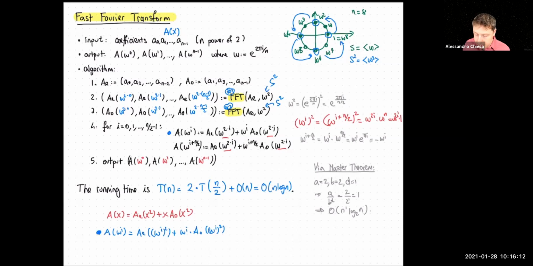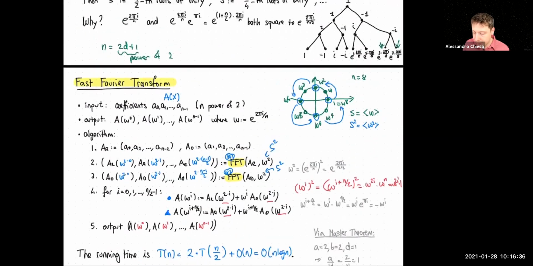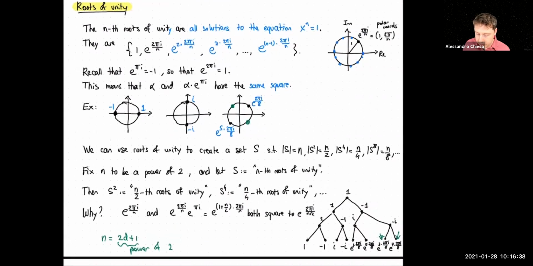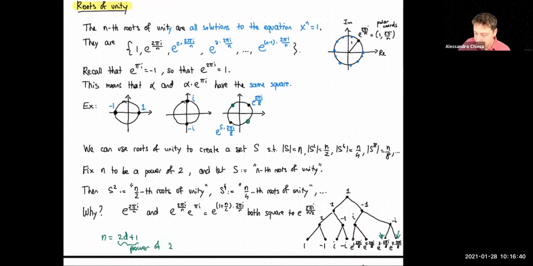Now, why do I have a second expression here? Let's call it triangle, because I want to consider together two elements in S that square to the same thing: omega to the I plus n over 2, which is the diametrically opposite one to omega to the I. Remember that before, there was a reason why we're looking at these pairs.